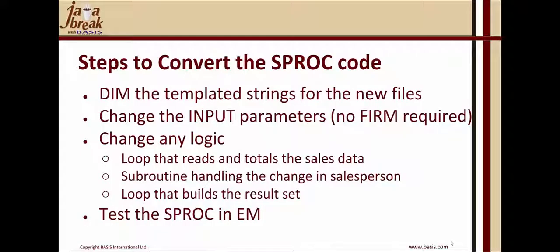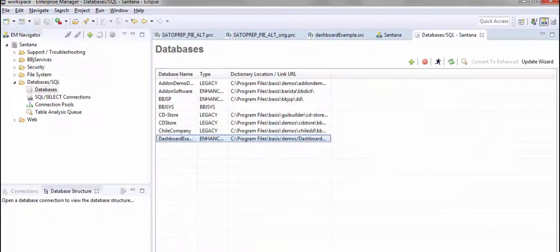The final step is to test the modified SPROC in the Enterprise Manager. It should run without error, and it should return the result set we are expecting. We check the list of SPROCs by selecting the Dashboard Example Database and clicking on the Procedures tab.